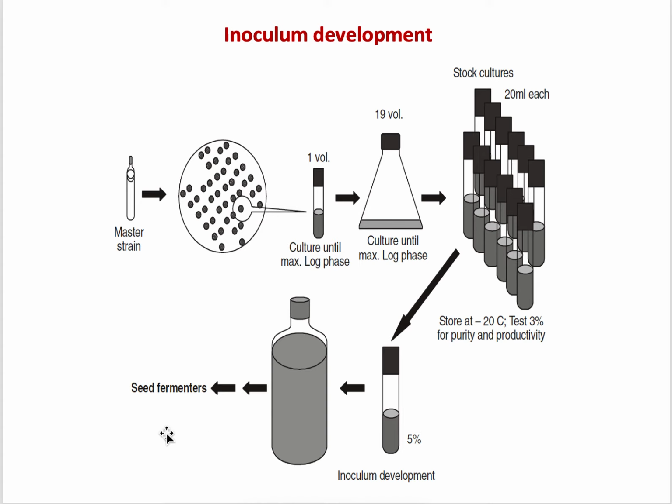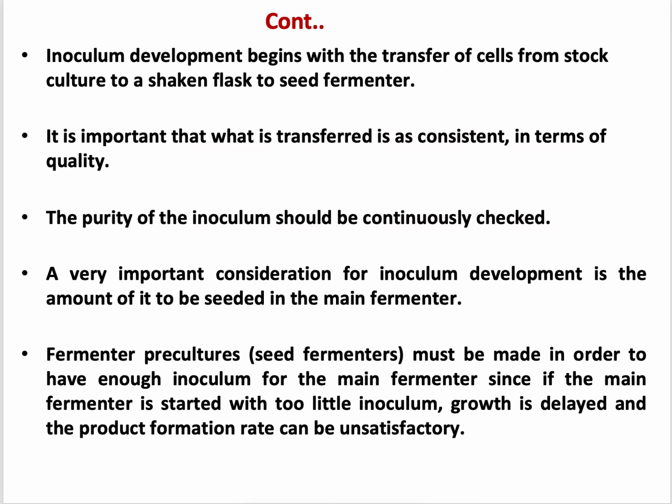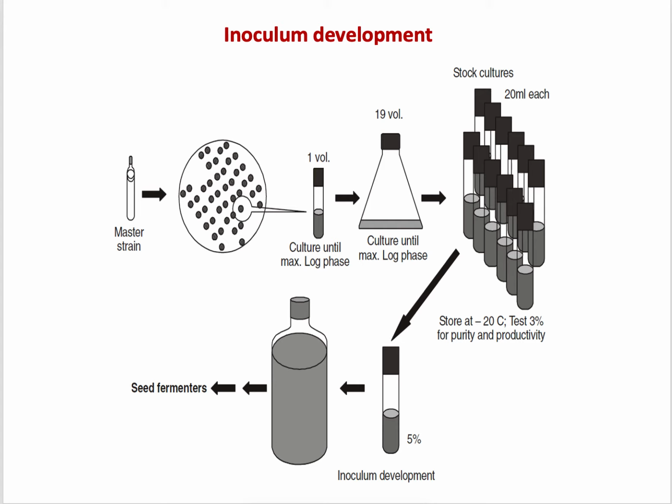That means we produce a large volume of cells, and this seed culture is added into the final fermenter. So these are the steps involved in the inoculum development process. This was the overall set of steps involved in inoculum development.